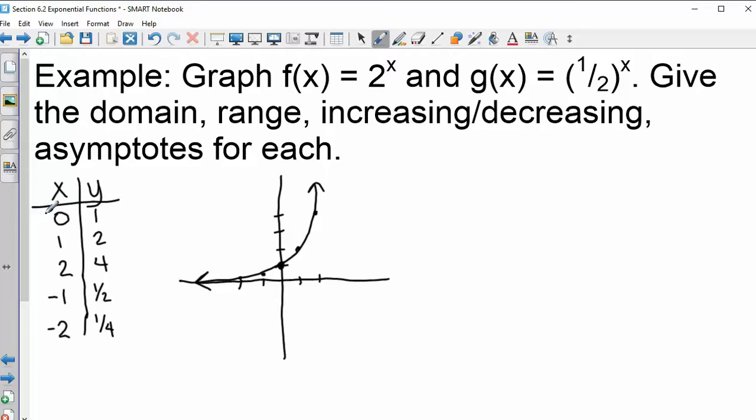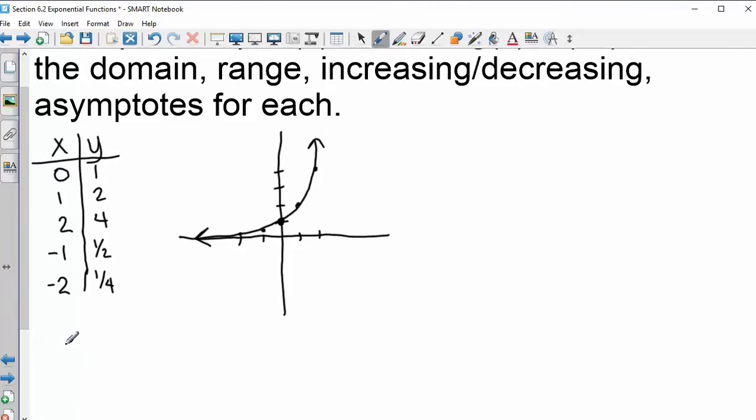If I look at this graph, my domain, I can plug in any number. As I go from left to right, it extends both directions, so the domain would be negative infinity to positive infinity. My range, if I'm looking at my y's, it starts at 0. We never actually hit 0, so that's a parenthesis, comma, keeps rising forever, so 0 to infinity.